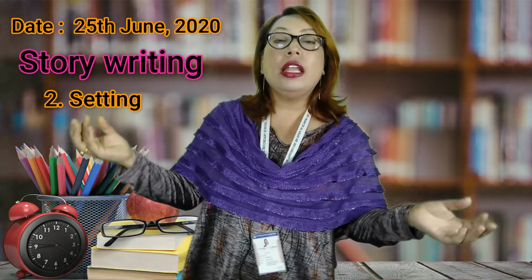Whenever we read stories, we find terms like once upon a time, and there was a queen living in a particular place. We come to hear of those things. That is called the setting, which gives the reader an impression of where and when the event is taking place. That is very, very important.